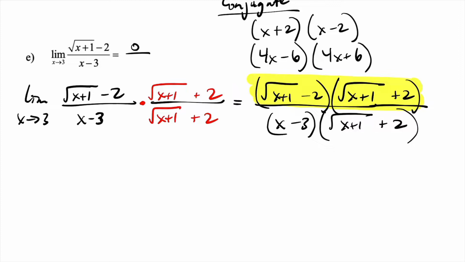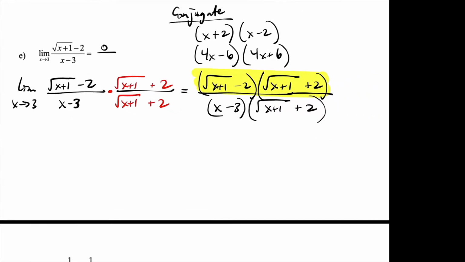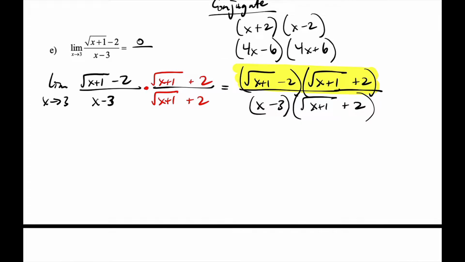It is difference of squares, right? I kind of mentioned that earlier. Difference of squares is a squared minus b squared. That's what difference of squares are.